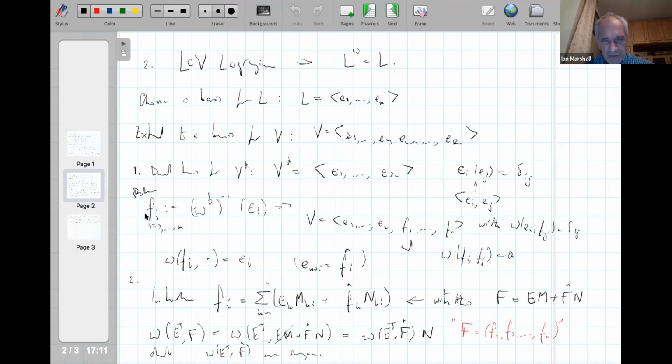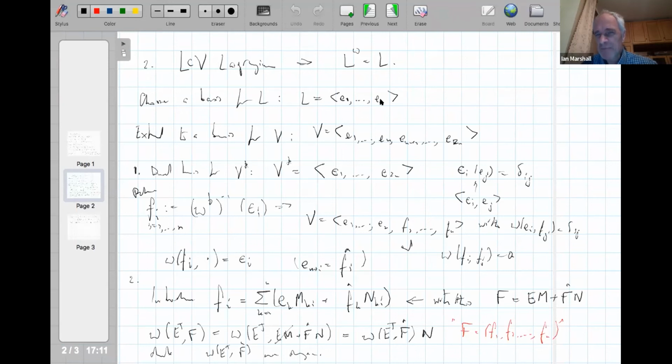So I want F. Well, I'm free to construct it, Tomoki. I'm given L Lagrangian, and I'm going to construct a basis, a symplectic basis for V, in which L is the span of E1 up to En.